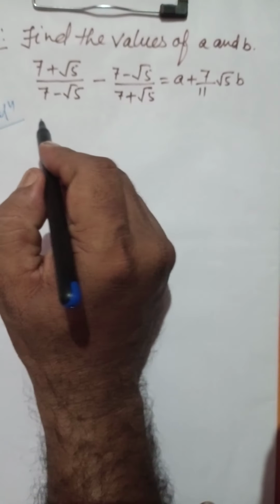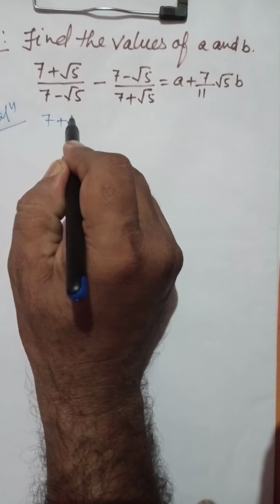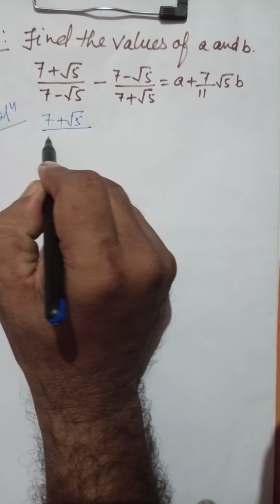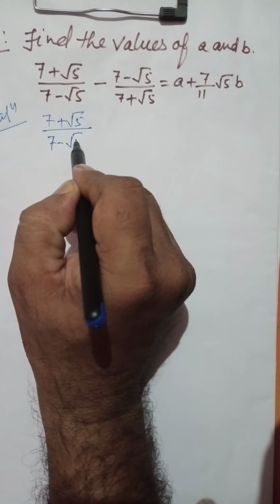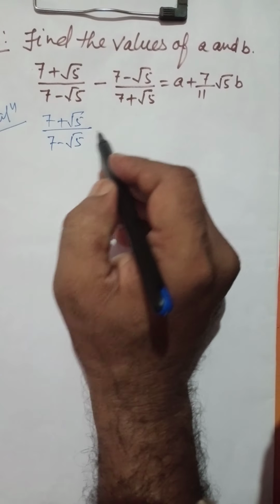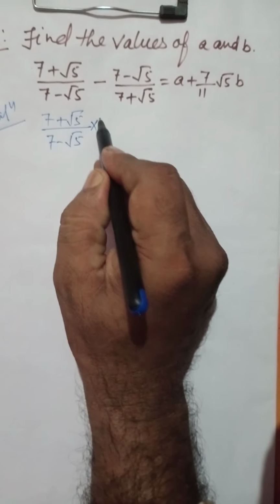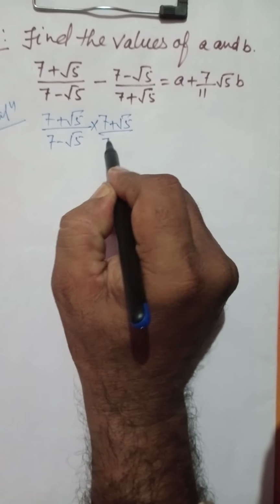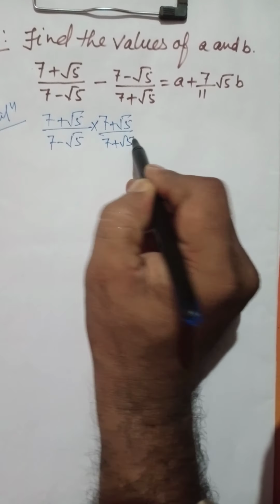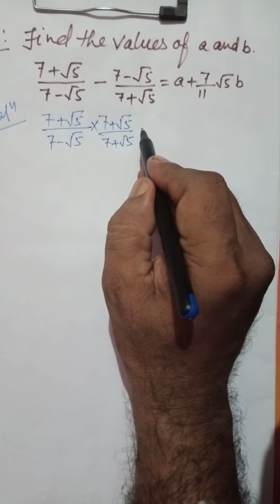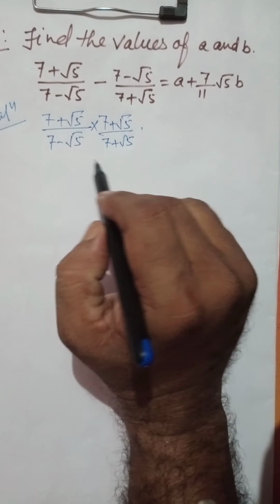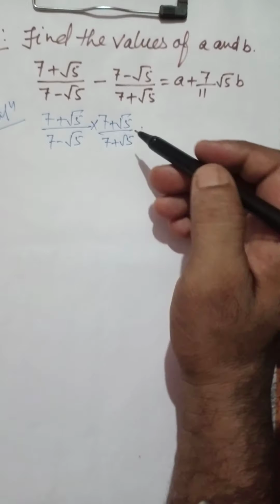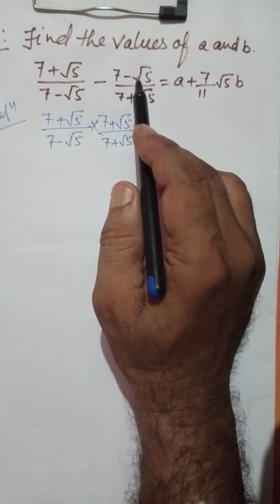Now see here 7 plus root 5 upon 7 minus root 5. Taking the rationalizing factor of 7 minus root 5, which is 7 plus root 5 upon 7 plus root 5. Now we are rationalizing first this term and then we will rationalize the second term.